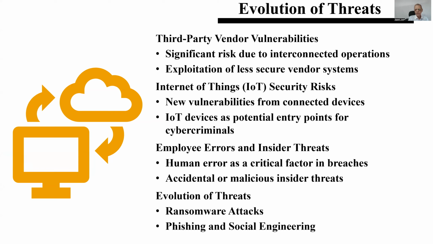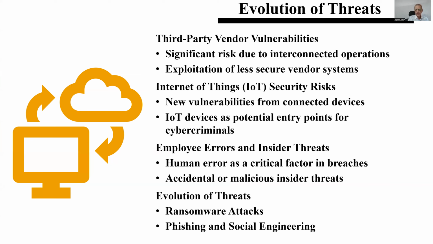This is where threats can come even from areas which may not be as foolproof as you think. So we have to target and think about the exploitation of less secure vendor systems.